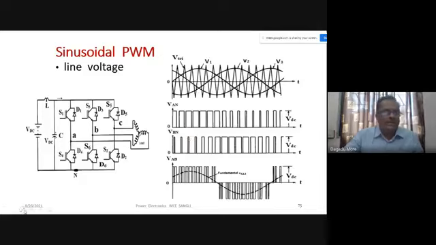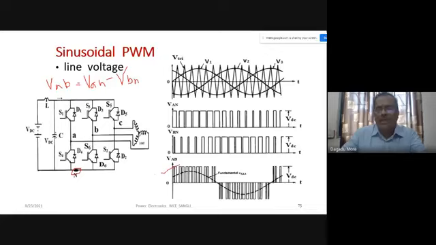So the output line voltage VAB equals VAN minus VBN. Here AN and BN are not phase voltages; N is just a fictitious point. With this we obtain the line voltage waveform, and the dotted line shown is the fundamental component of the output voltage.